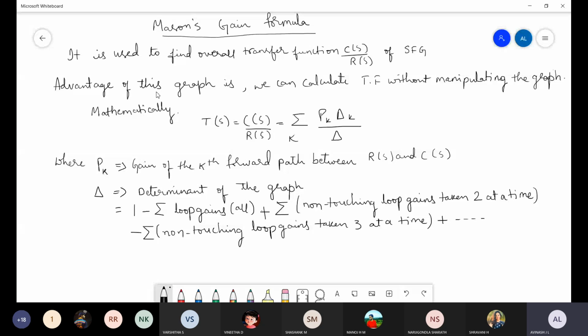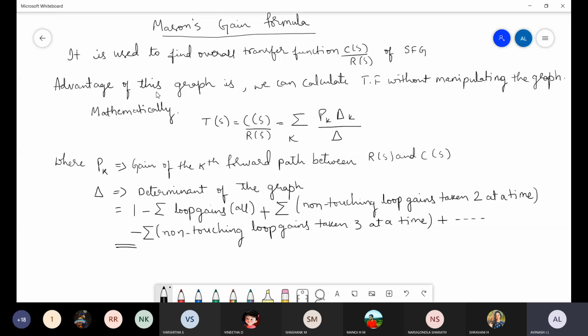So in the formula, the first sign is positive, next negative, then positive, then negative, alternating and going on. This is how we find the determinant of the graph.